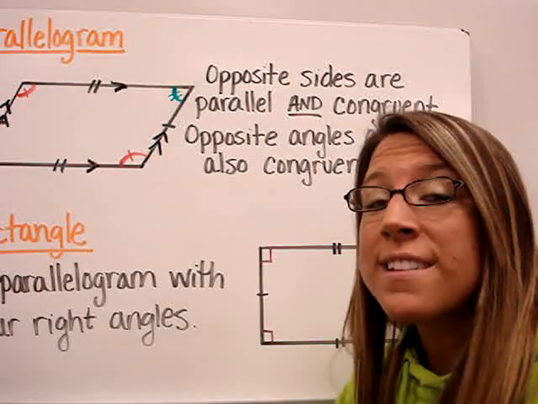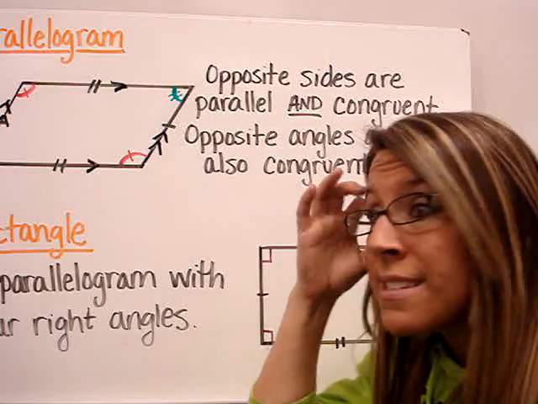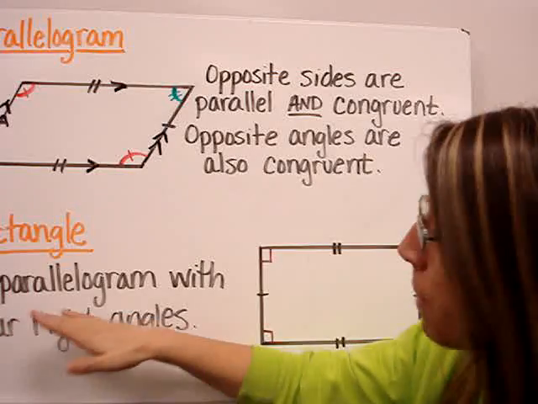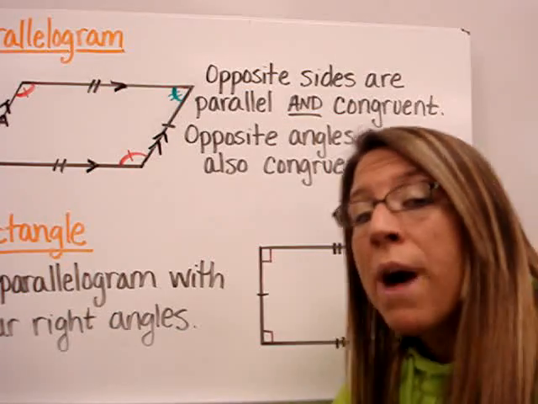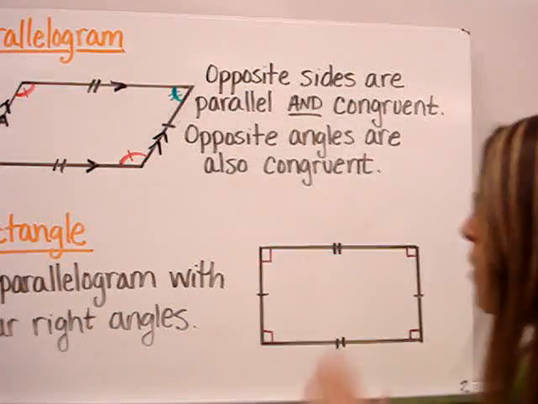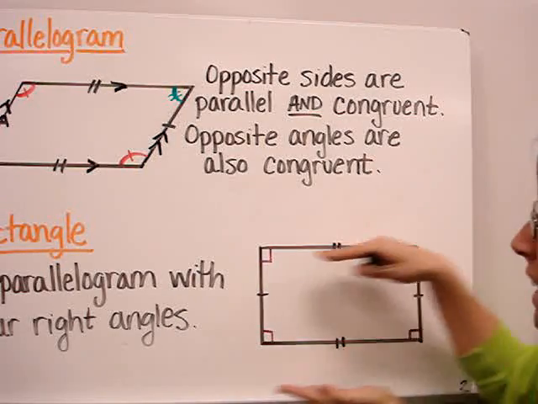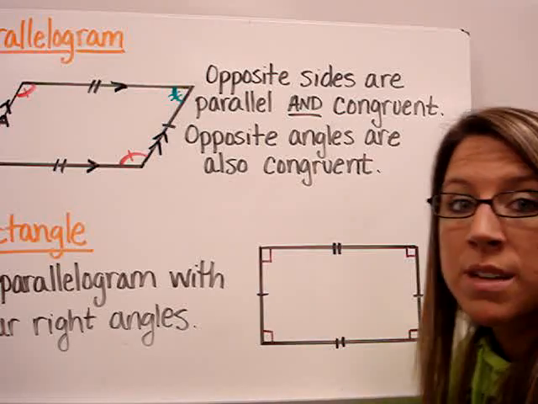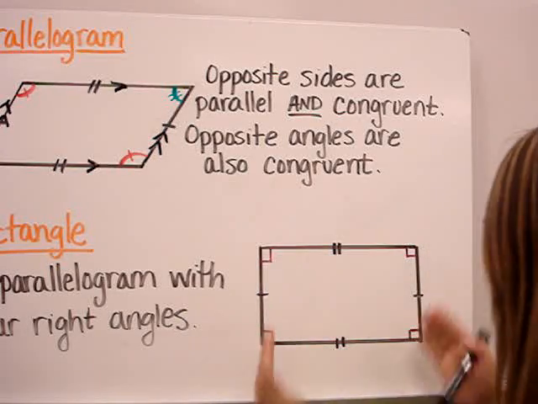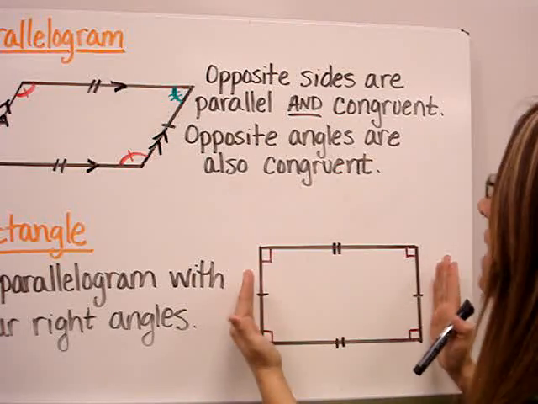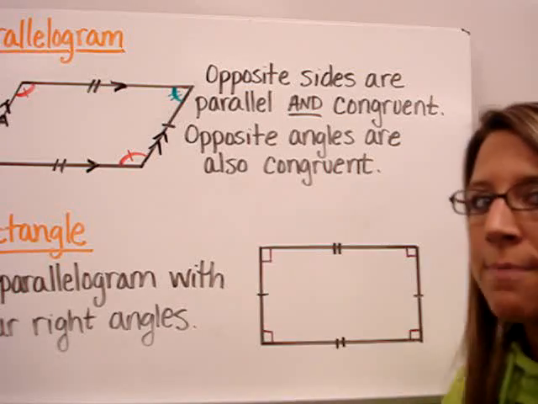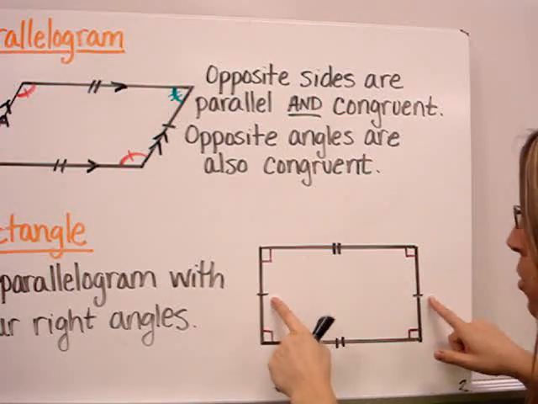Now a rectangle. The definition of a rectangle is nice and short because a rectangle is a parallelogram, but it has four right angles. So if you'll notice, the opposite sides are parallel because of the right angles. So that makes it a parallelogram. And because of the right angles, these opposite sides are parallel. They also happen to be congruent with each other.